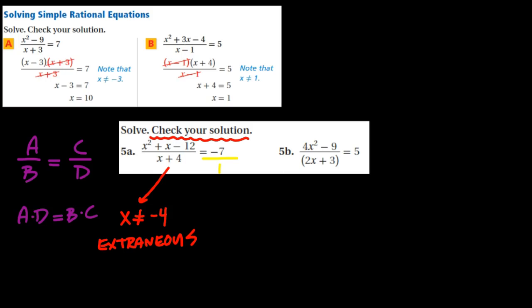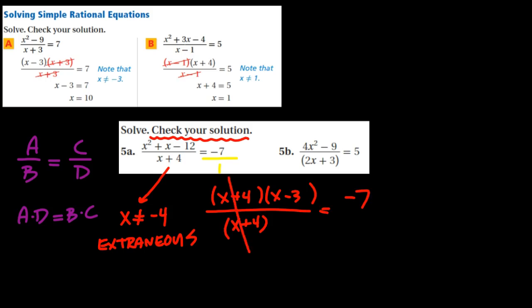So in this case, you'll see that happens here. So we have x and x. It's a +4 -3 scenario over an x plus 4, and that equals -7. These cancel out. I'm left with x minus 3 equals -7. You add 3 to both sides, and you end up with x equals -4.